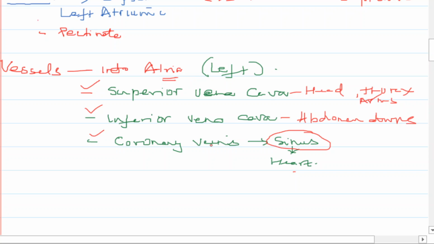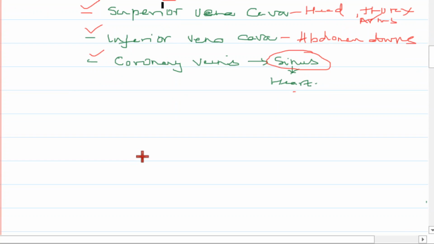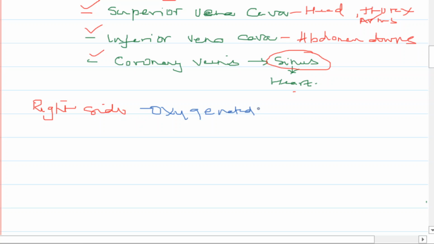What happens in the right? Right atrium. Now the right side, if you remember, it gets oxygenated blood, right? This is deoxygenated.